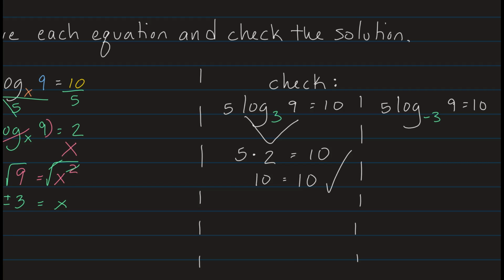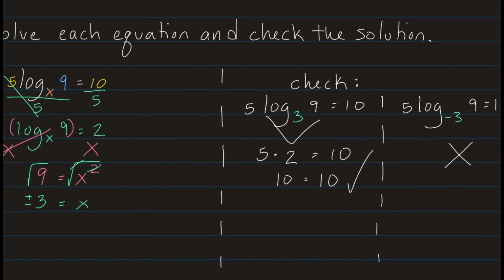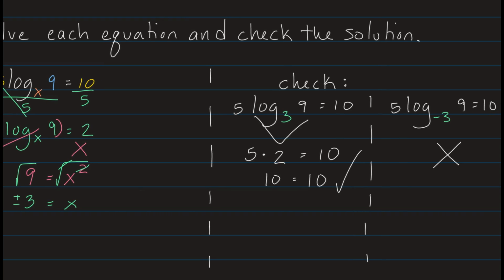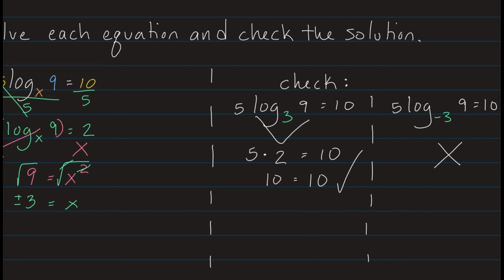We can never have a negative base when we're dealing with log. So this is not a solution. It does not work. You cannot have a negative number or 0 as your base or argument. So our only solution here is +3, and the solution of -3 is what is called extraneous.